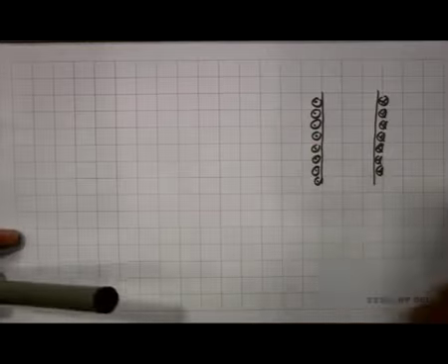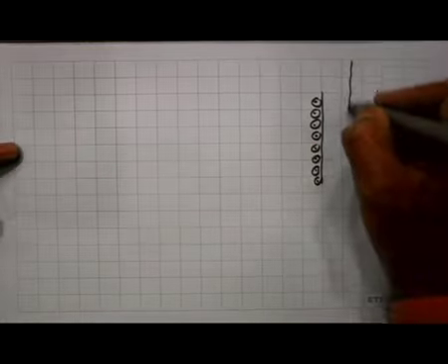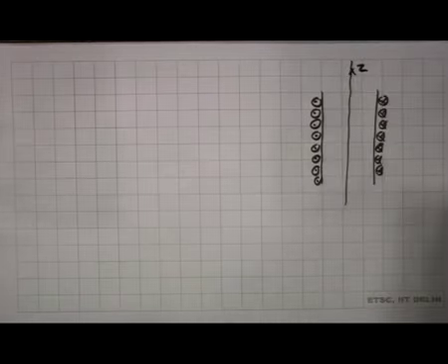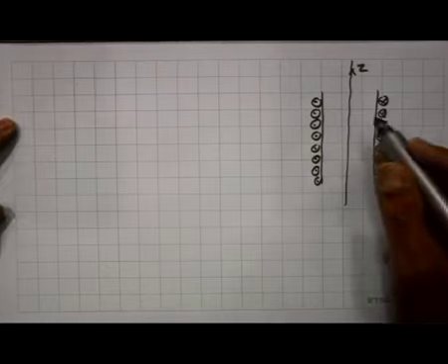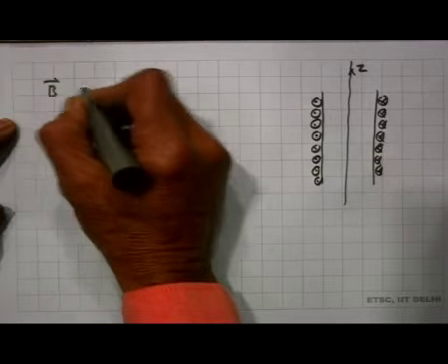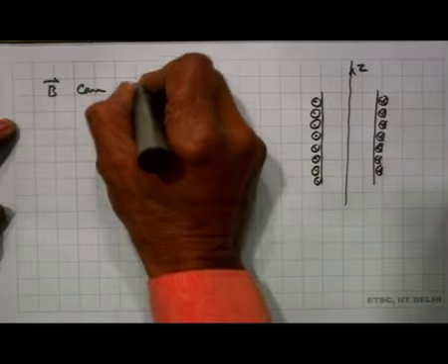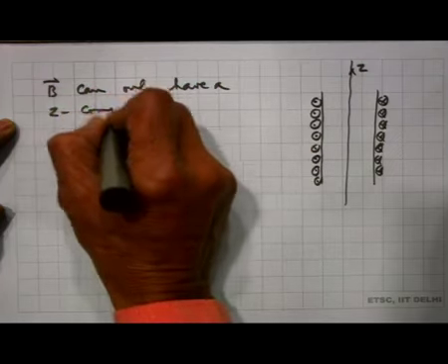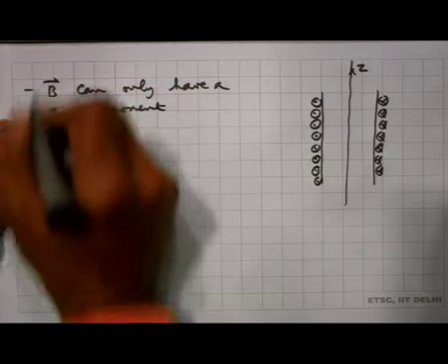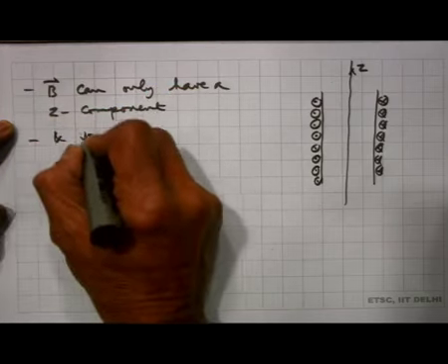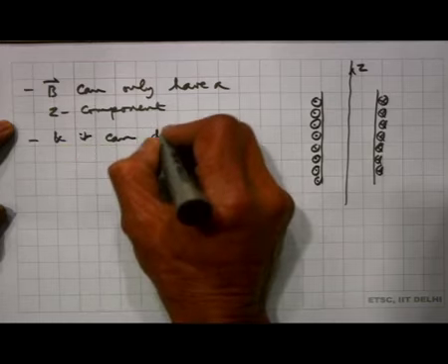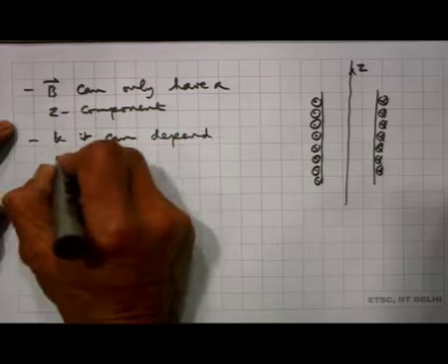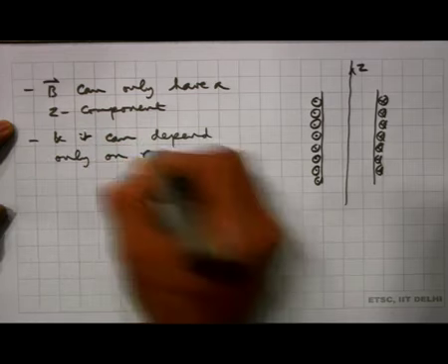So, the current is flowing like this, and this is my z axis. Now, what we have shown is that the magnetic field can only have a z component, and it can depend only on r, this distance.